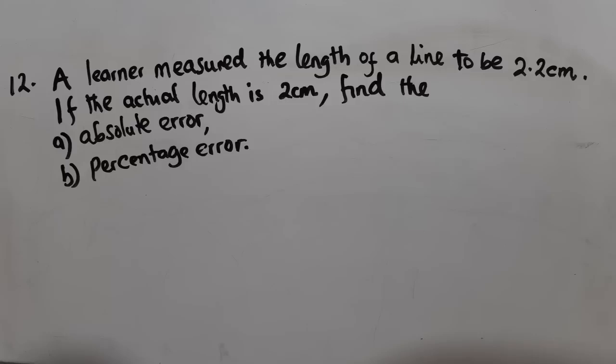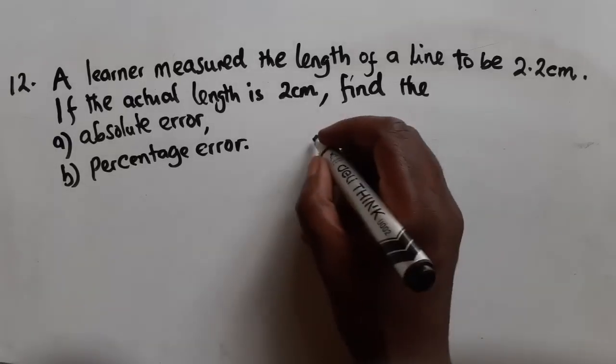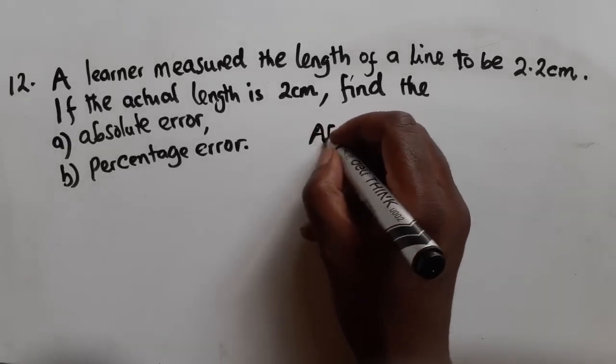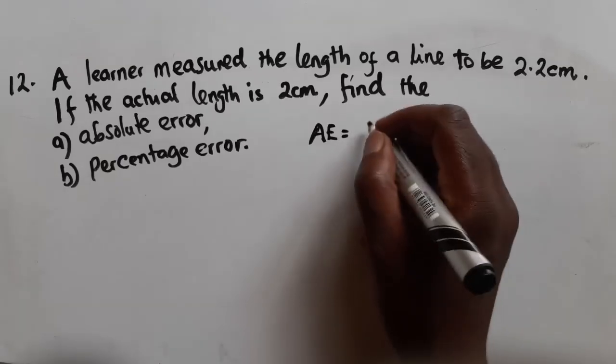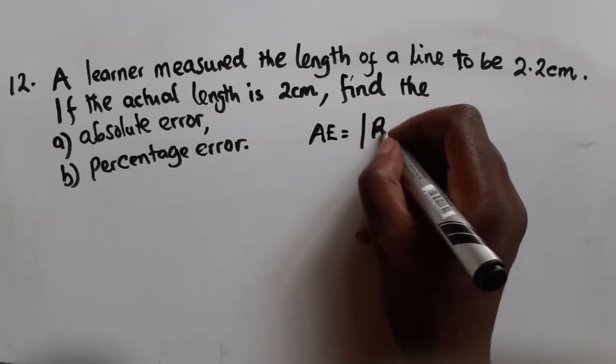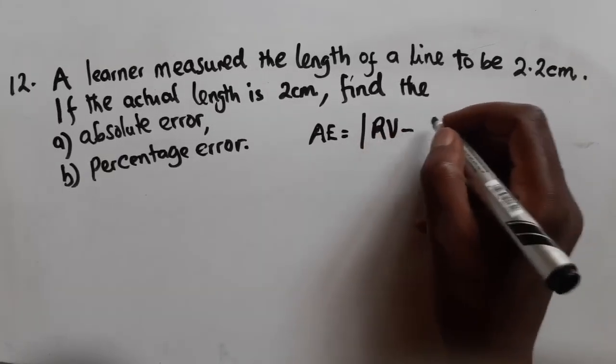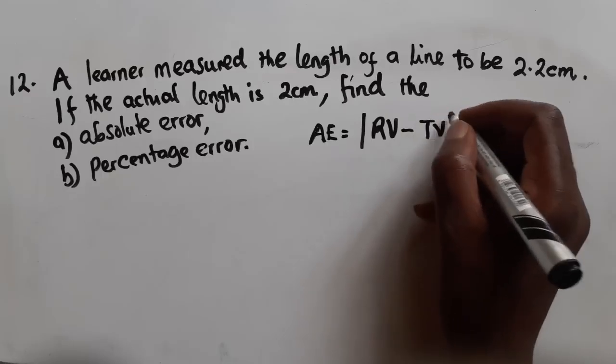If the actual length is 2 centimeters, find the absolute error. So, absolute error is equal to recorded value minus true value.